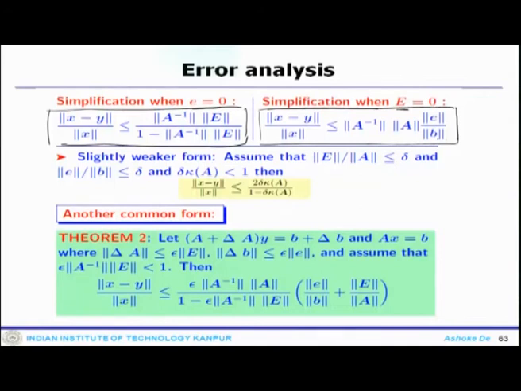Now, if you write it in a slightly weaker form, and assuming that the norm of E by the norm of A is less than or equal to delta, and the norm of epsilon by B is less than delta, then I can write the norm of x minus y divided by the norm of x is less than 2 delta times the condition number of A, divided by 1 minus delta times the condition number of A. So, it can also be written in another form which leads to the second theorem.